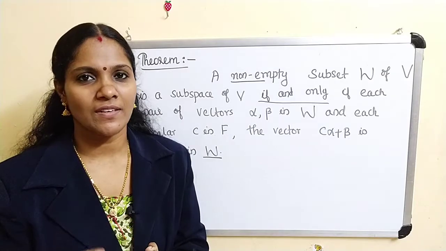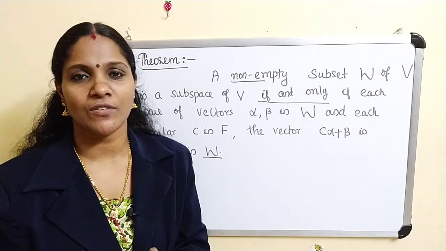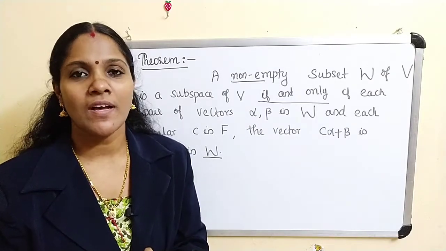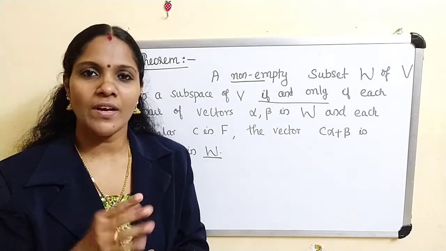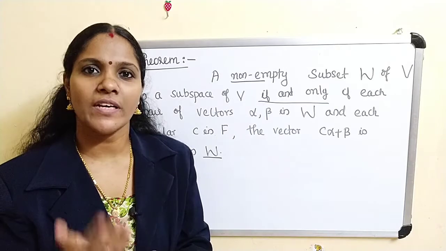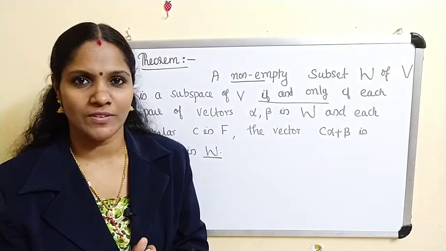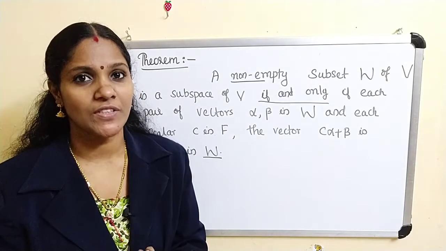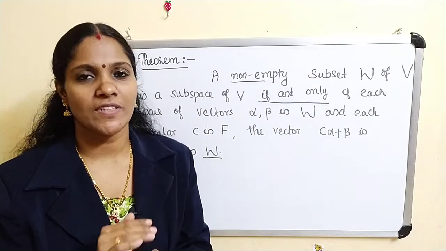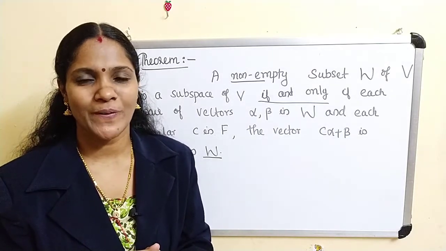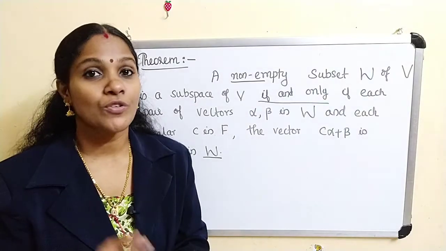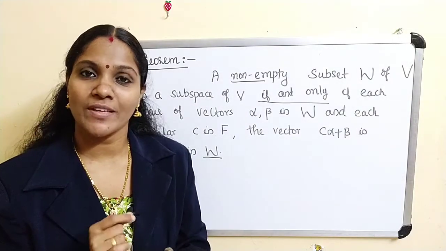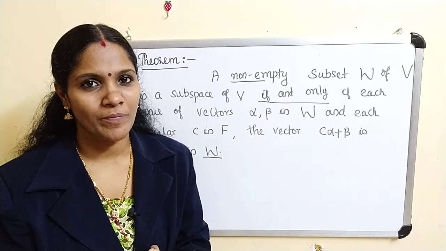Also commutativity and associativity already hold, because W is a subset of V. In V commutativity holds, therefore in W commutativity holds. Similarly, the associativity condition also holds. Now we have to check whether 0 belongs to W. Also for every alpha belongs to W, whether minus alpha belongs to W.